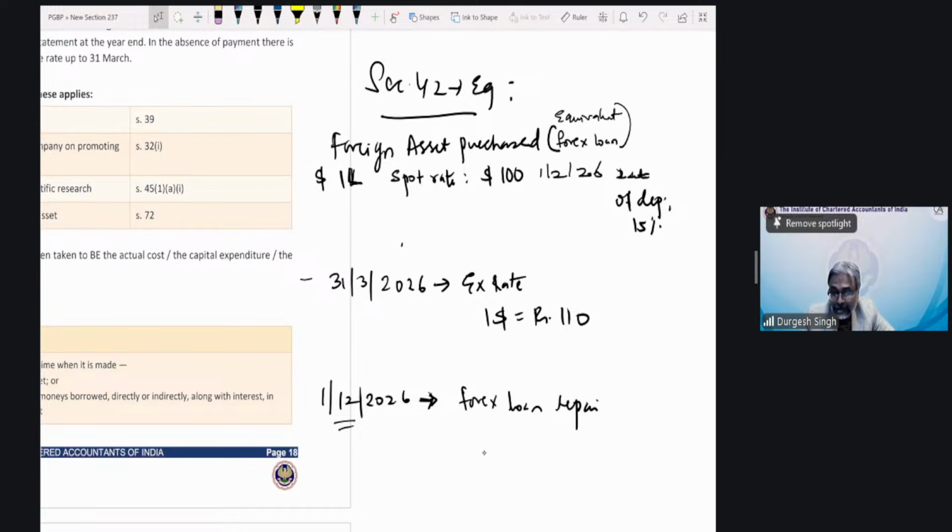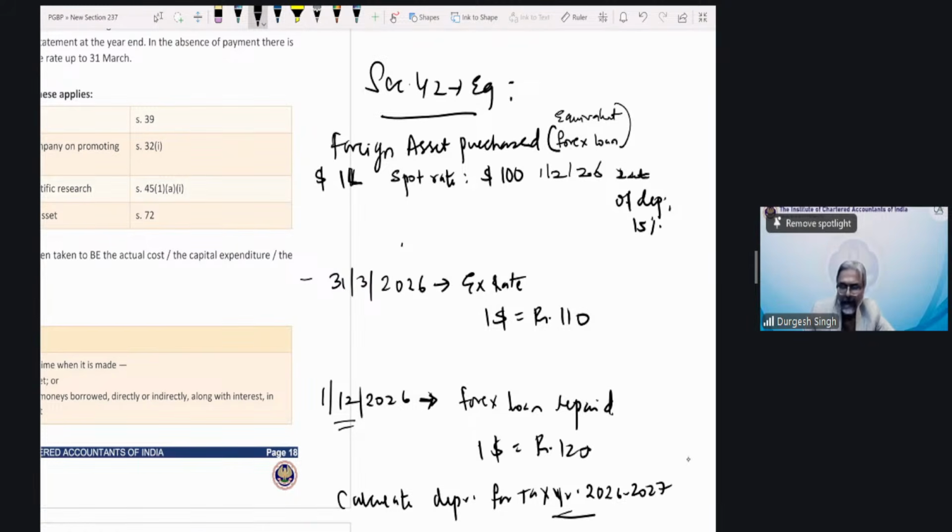At that time, $1 was equal to rupees 120. You are told to calculate depreciation for tax year 2026-27. You are also told to ignore the additional depreciation concept. I just don't want to add further nuances in this. I just want your focus on the treatment of the same.